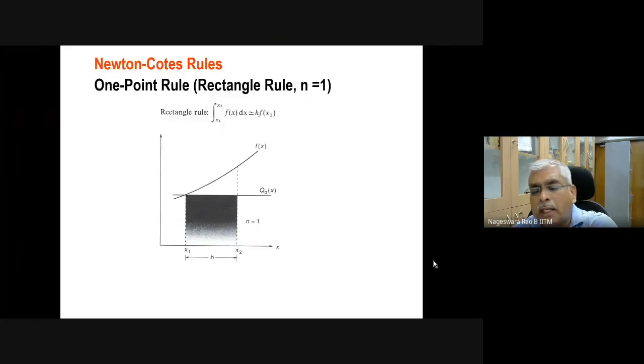This numerical integration is not something new to you. If you have done any course related to numerical analysis, or computer methods or computing techniques in your undergraduate or graduate course, this is not totally new for you.